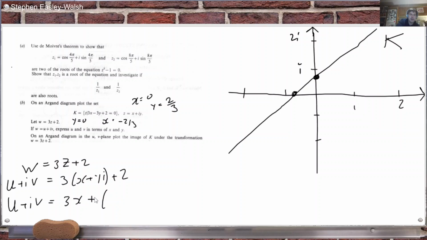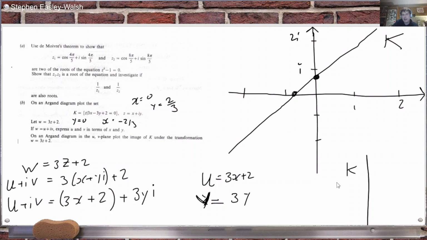Oh, the 2 is with the x. 3x plus 2 plus 3iy. Yeah. Express u and v in terms of x and y. So u equals 3x plus 2 and v equals 3y.